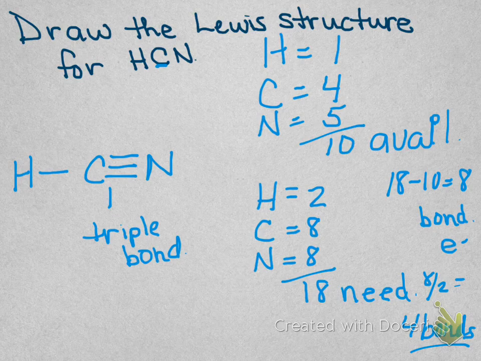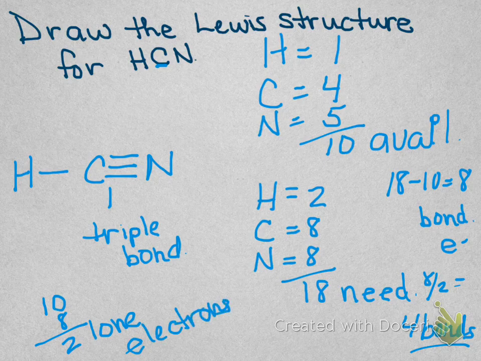Do we have any leftover electrons? Let's see, there were 10 available, 8 involved in bonding. That leaves 2 lone electrons. Where do those lone electrons need to go? If you look, hydrogen has 2 electrons.